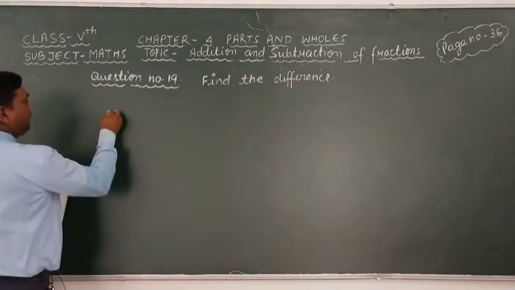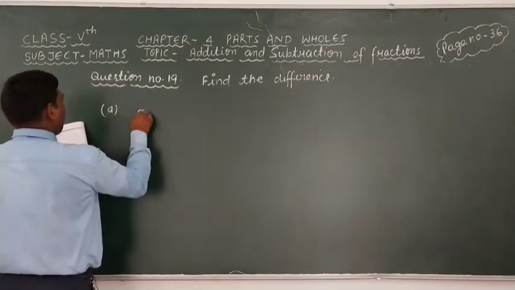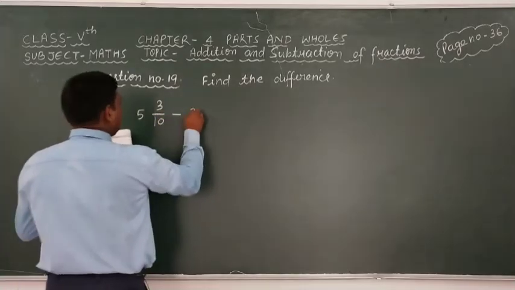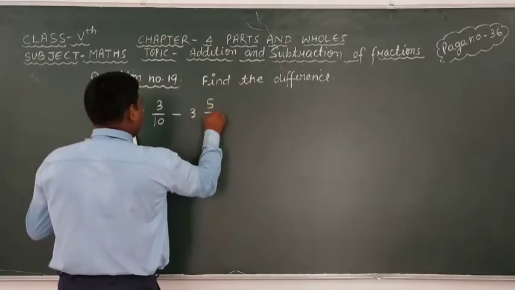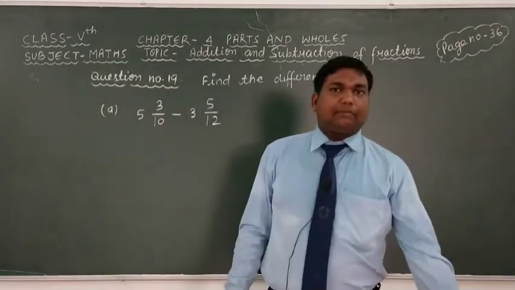Question number 19 of A is given: 5 mixed 3 over 10 minus 3 whole 5 over 12. Okay students, look at here carefully.